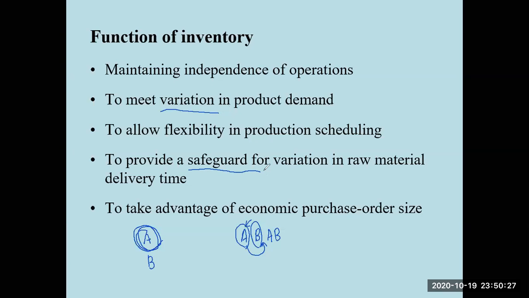So if they have enough inventory as a safeguard, then something like a delivery delay doesn't matter because they have inventory as a safeguard. Then to take advantage of economic purchase order size: if you buy one by one, then you pay the regular price.